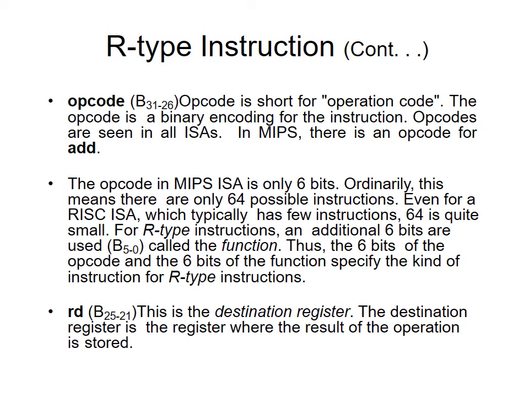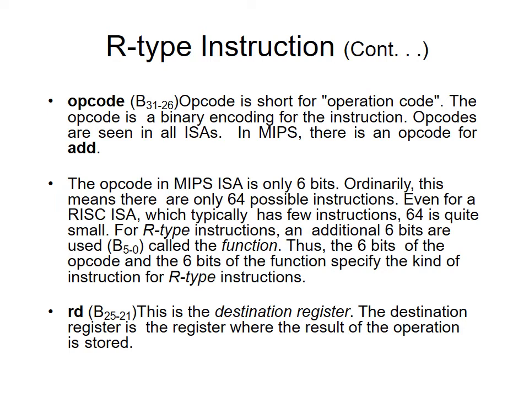Firstly is the opcode, which is short for operation code. The opcode is a binary encoding for the instruction. Opcodes are seen in all ISAs, that means instruction set architectures. In MIPS, there is an opcode for add and another opcode for sub, that means every operation maintains a different opcode.